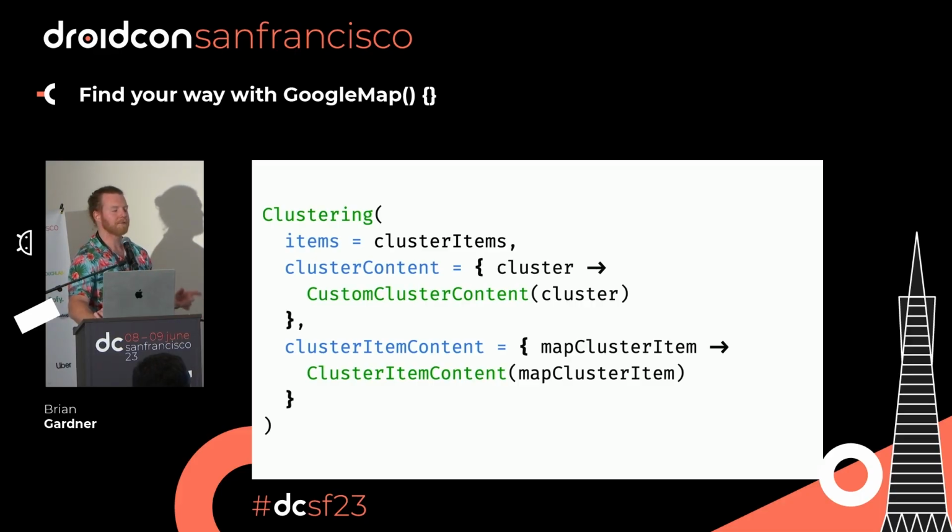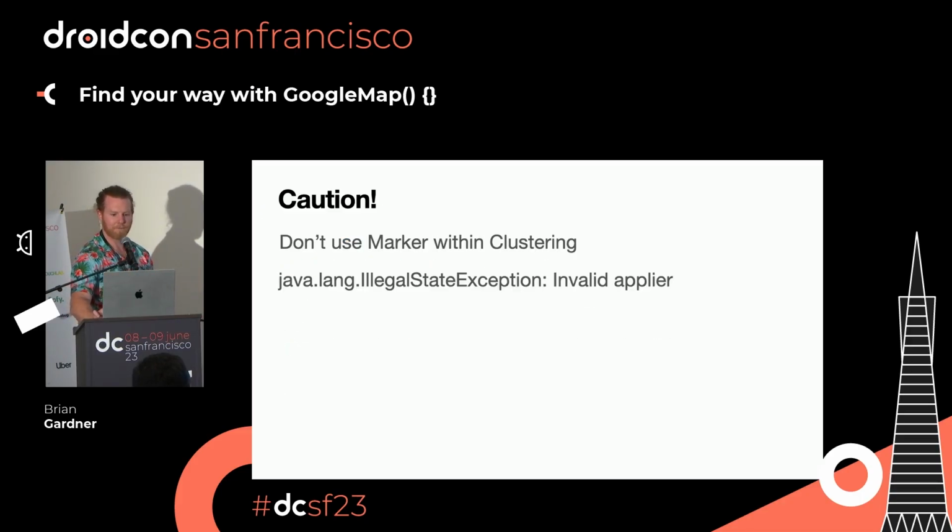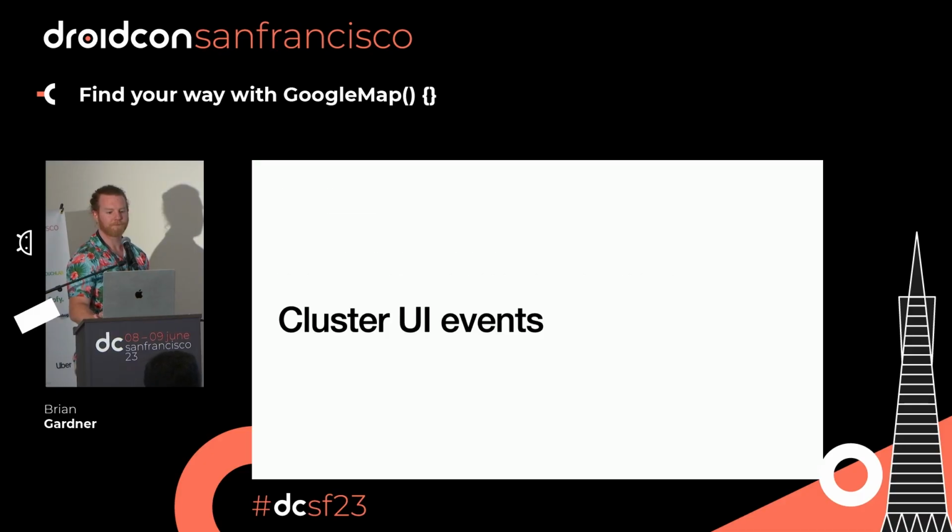That doesn't actually work. If you try to do that, you get a illegal state exception, something about an invalid applier going on. Basically, you can't use a marker composable from within the cluster composable. You just kind of have to do a custom thing there. So just a kind of a way you can shoot yourself in the foot.